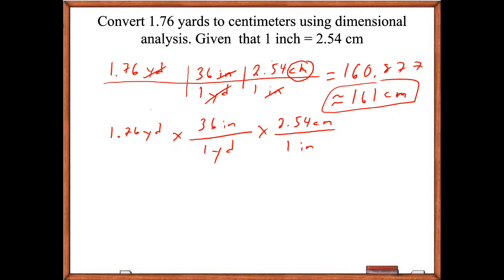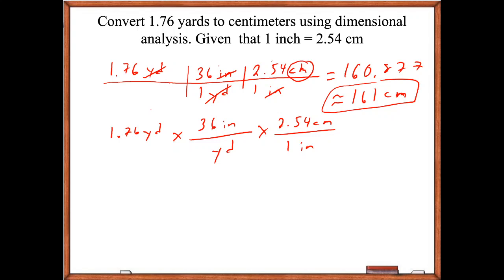So you could do it this way, 36 divided by 1, 2.54 divided by 1. Obviously, that doesn't really impact the numbers in this case, but sometimes this number will not be just a 1, it'll be a 3 or something. Or it could be the other way around, for instance. So you can do the division first and then multiply, or you can multiply straight across the top and then divide by everything on the bottom. And those two will give you the same answer.